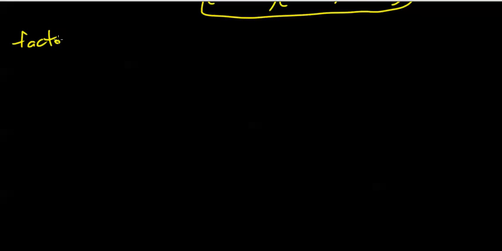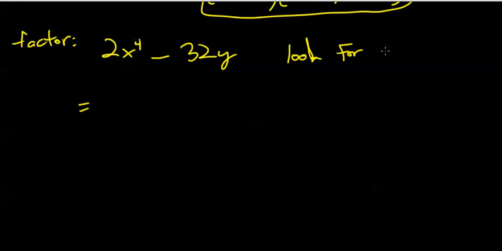Alright, things get a little more complicated in problems like this. If I ask you to factor, well, factor means factor completely. Two x to the fourth minus 32y. Alright, how am I going to factor this? Well, always look for GCF first in any factoring problem.